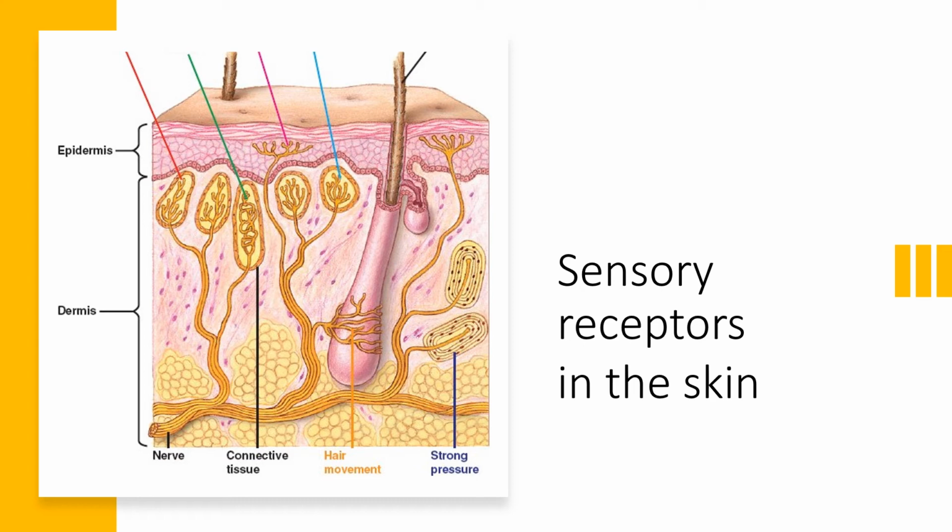But there's a large number of additional ones underneath that epidermis, found in the dermis, that can help us determine things like changes in temperature, pressure, etc. And these cells require a little bit more stimulation to actually be activated.